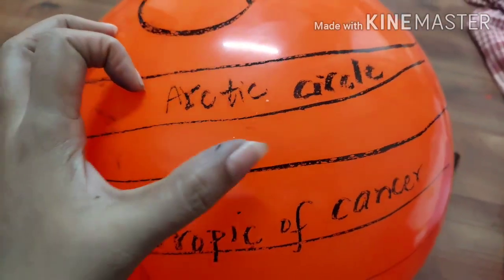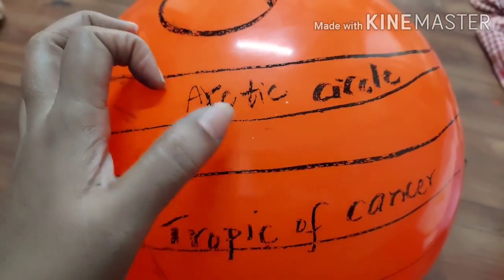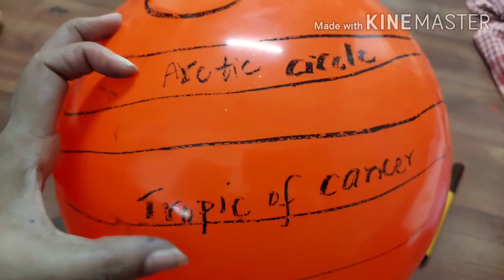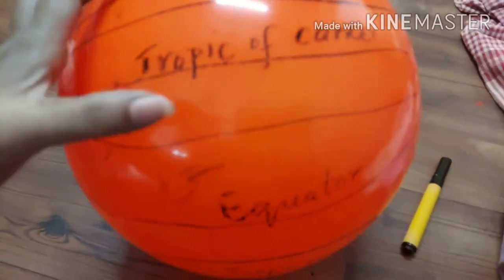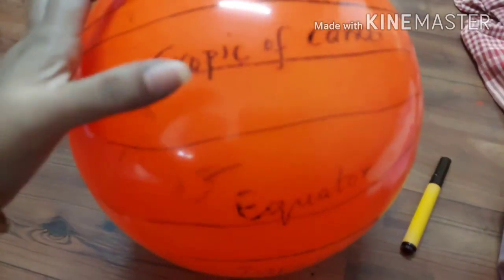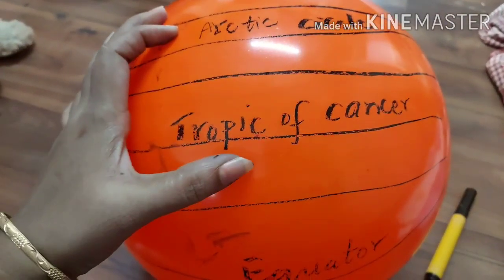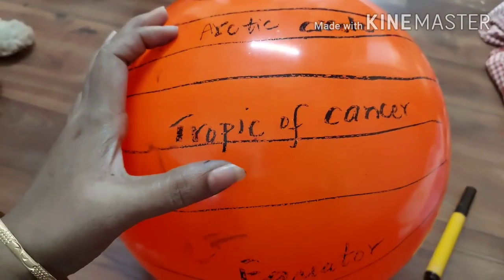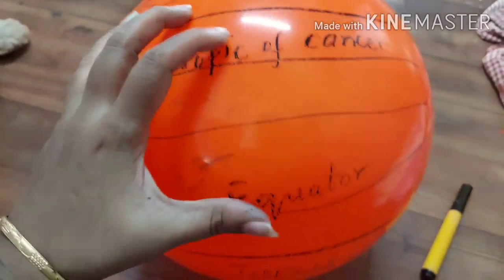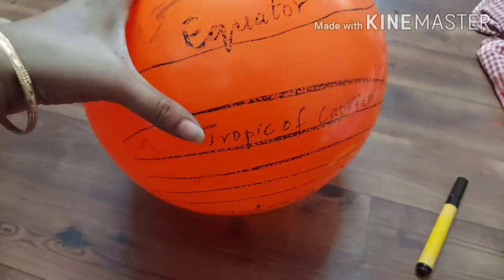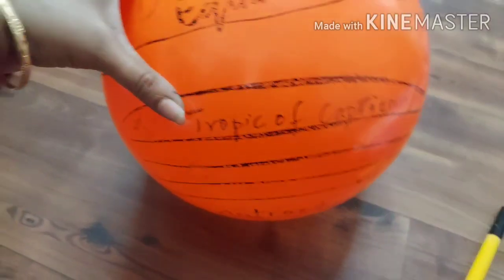Near the North Pole you can see the Arctic Circle. The line above the equator is the Tropic of Cancer, and below the equator is the Tropic of Capricorn.